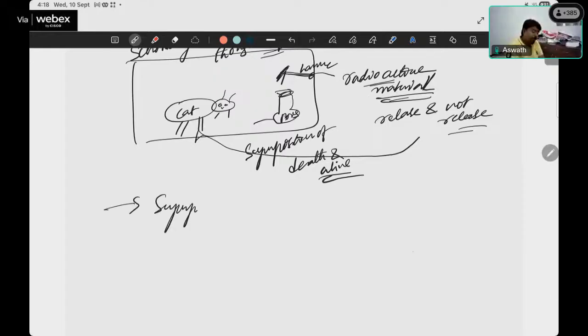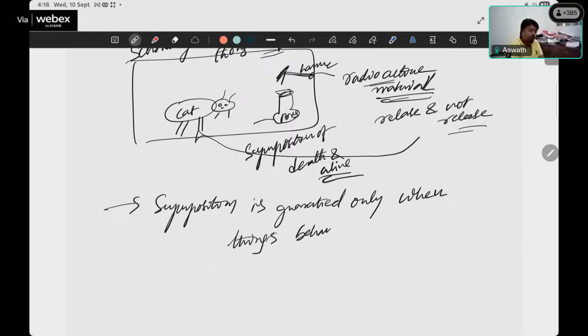Superposition is guaranteed only when things behave as per quantum physics laws.